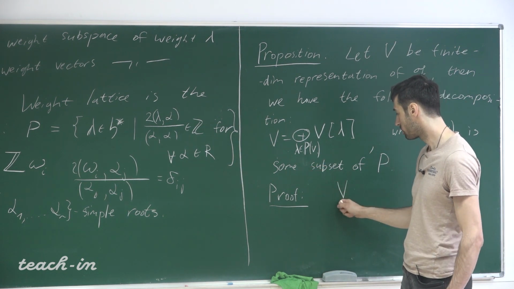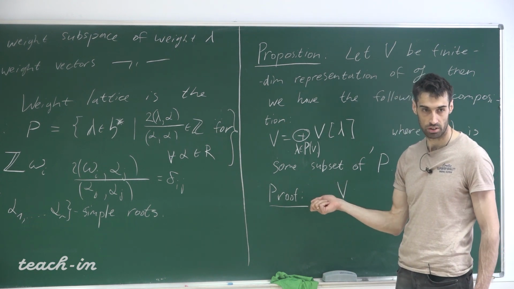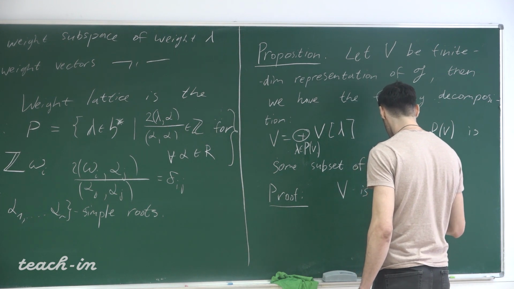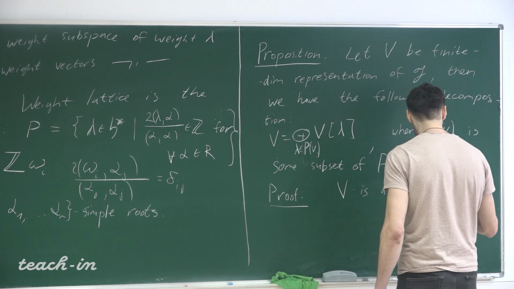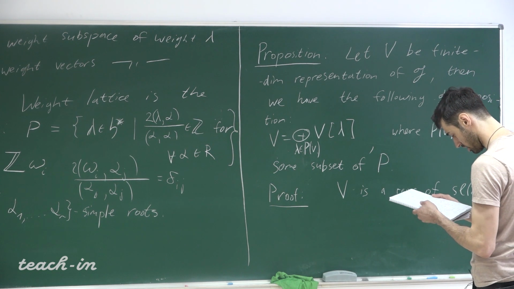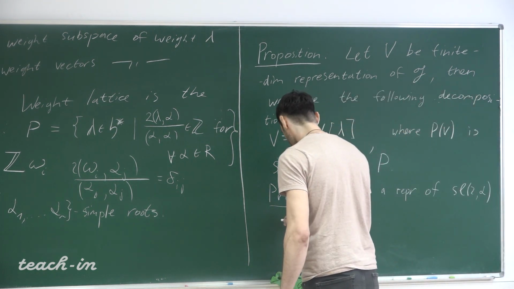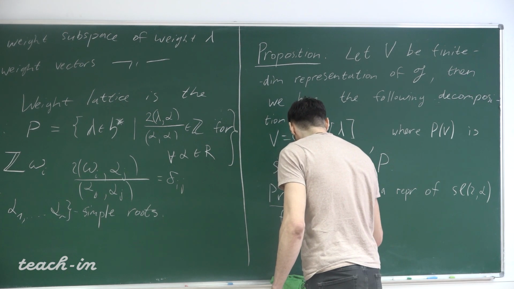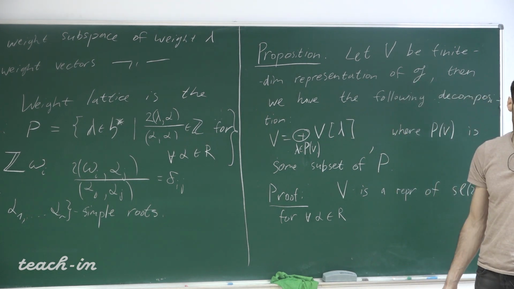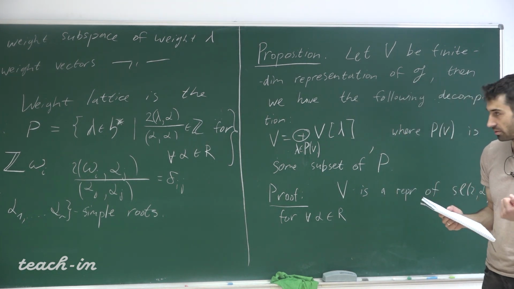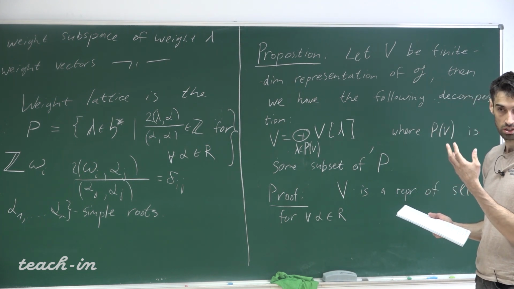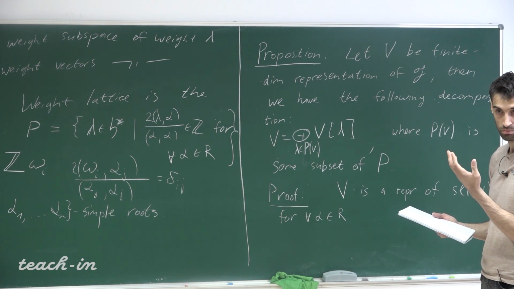So therefore, V is also a representation of SL2 alpha, for any alpha in R. So V is finite dimensional, and we know that the element H of SL2 is diagonalizable in any finite dimensional representation of SL2, right?